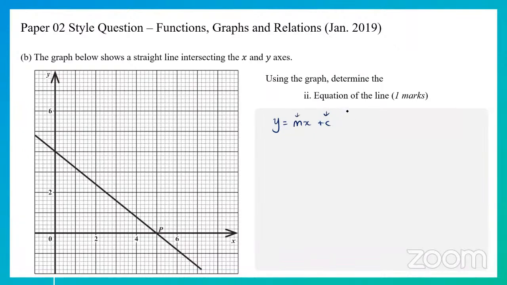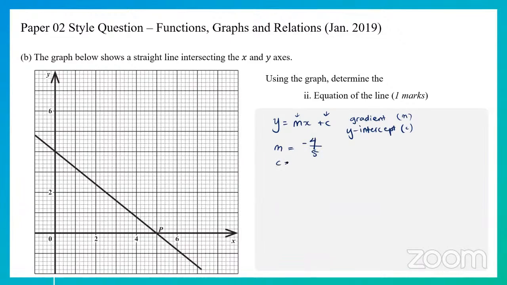So whatever approach you're taking when trying to find the equation of a line, the main things that you're trying to find are your gradient and your y-intercept, or your c value. Okay, so we know the value of m, which is what we just found, negative 4 over 5.